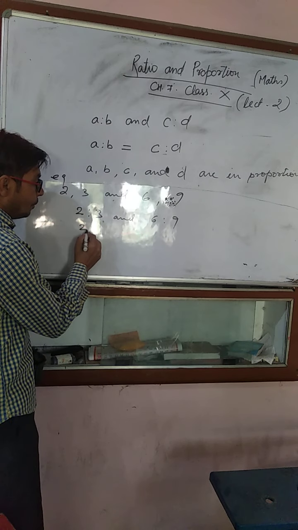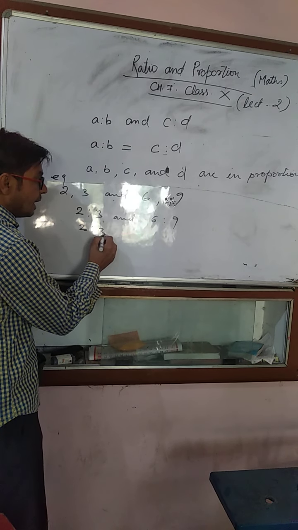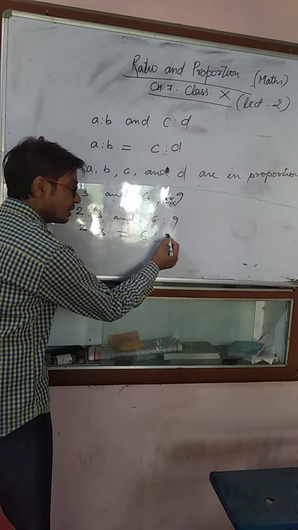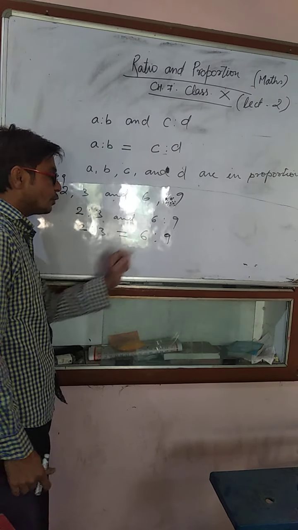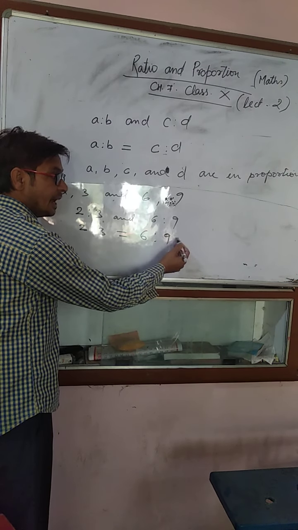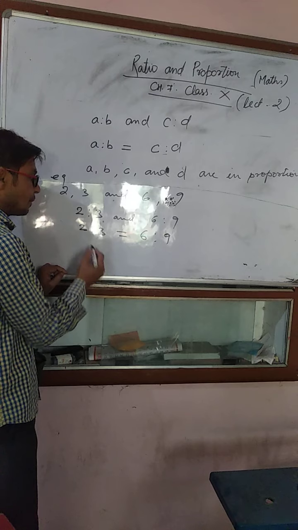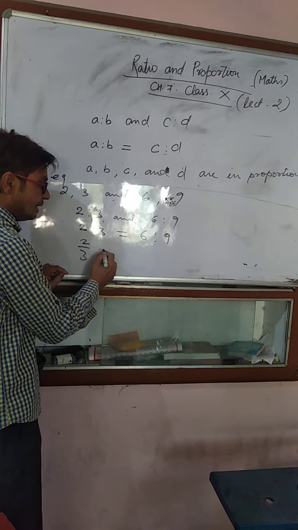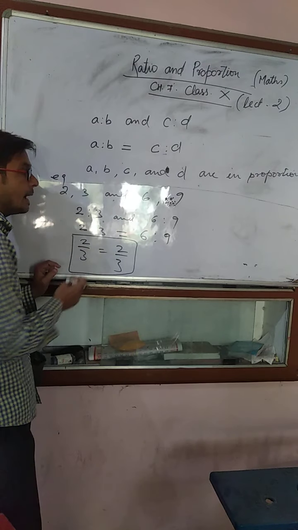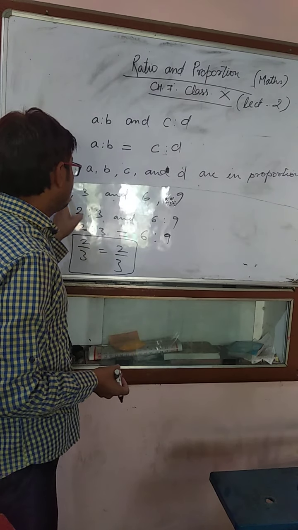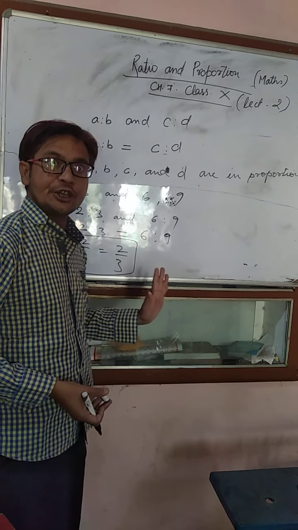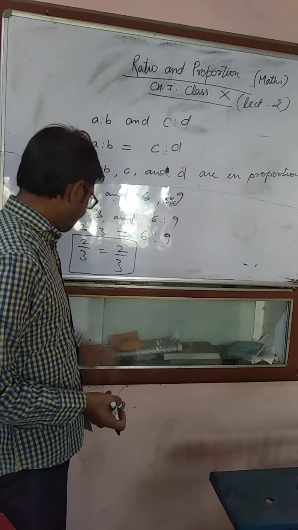So is 2 is to 3 equal to 6 is to 9 or not? 2 threes are 6 and 3 threes are 9. Both are equal, or we can say that 2 by 3 is equal to 2 by 3. From the conclusion here, we can say that 2, 3 and 6 and 9 are in proportion. It is clear about the proportion.